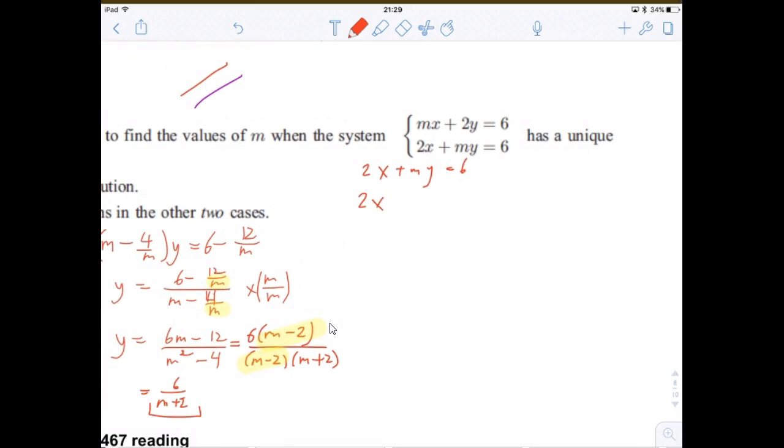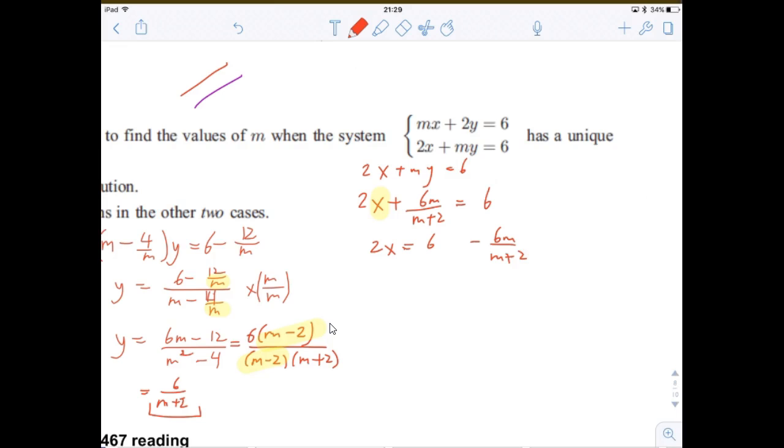So 2x plus 6m over m plus 2 equals 6. Now I'm going to solve for x. First thing I do, I'm going to subtract 6m over m plus 2 from both sides. So I end up with 2x equals 6 minus 6m over m plus 2.